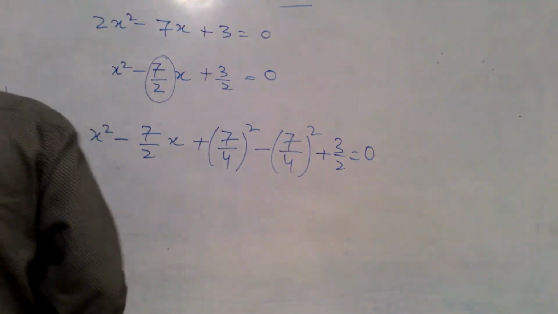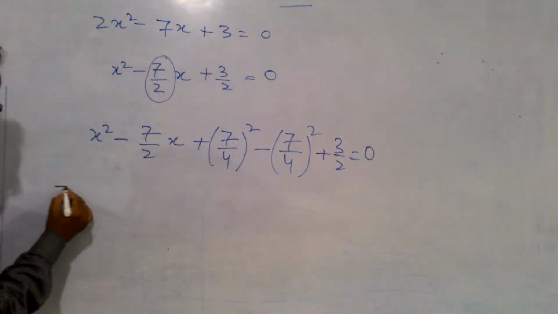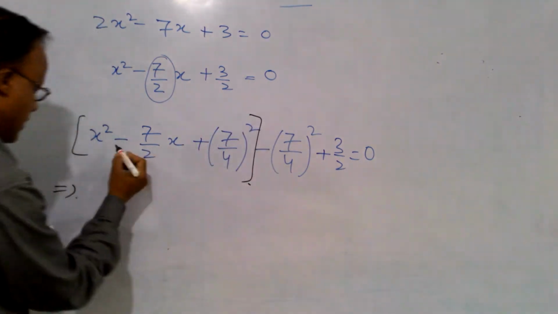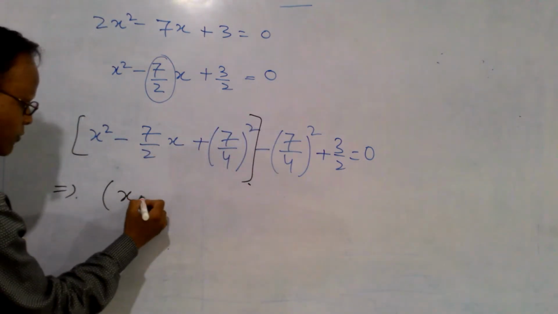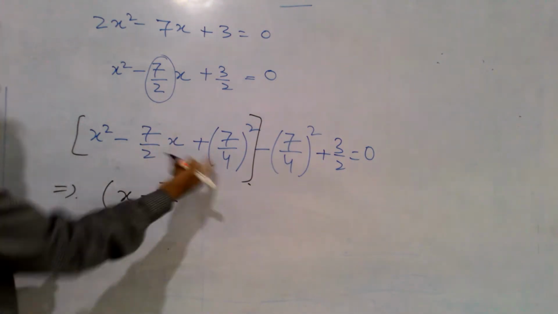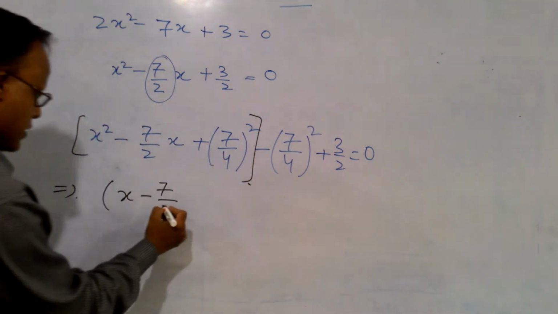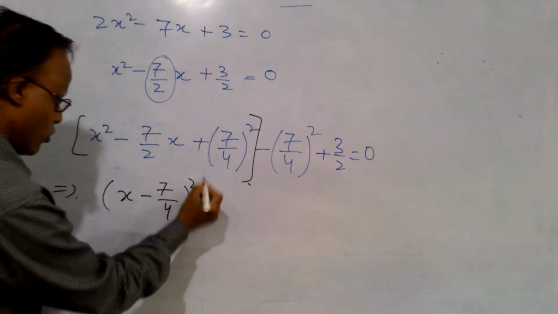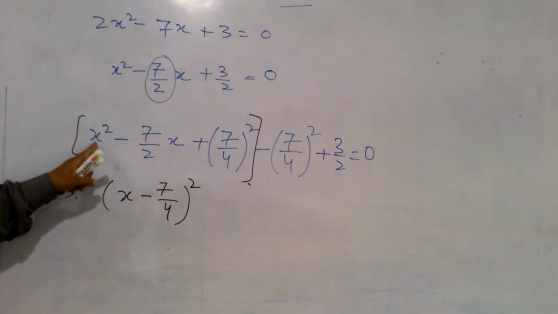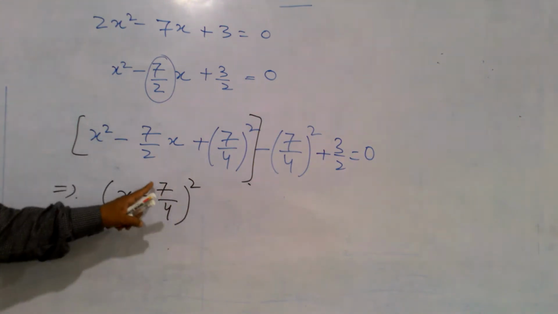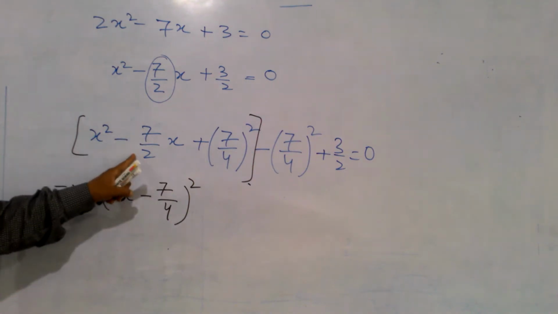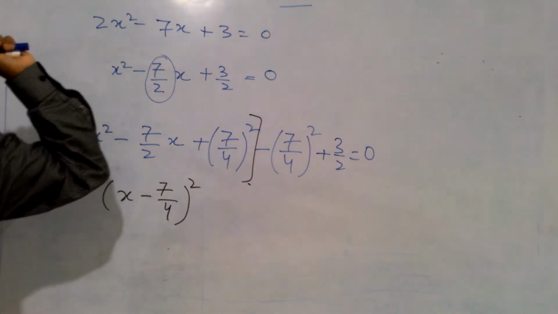So now finally we can say that these three terms as they are become x minus 7 by 4, this is b, 7 by 4 whole square. When you open it, you get a square minus 2ab. So a is x, b is 7 by 4, so 2ab becomes 7 by 2x, plus b square.